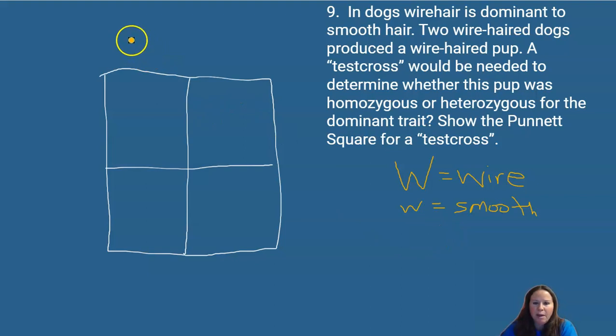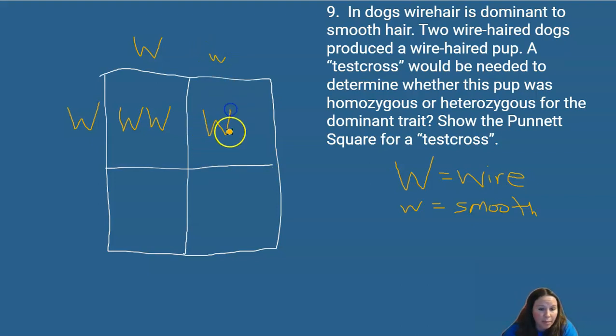So basically we have two wire-haired dogs. So we know that both of those parents have to have at least one big W. Right? So then they have a wire-haired pup. Now what we want to know is, is the pup big W, big W, or did the parents have the little w here, and is the pup big W, little w?